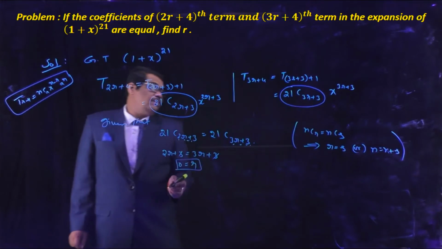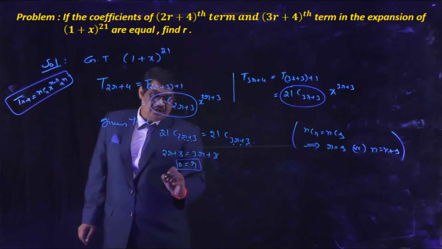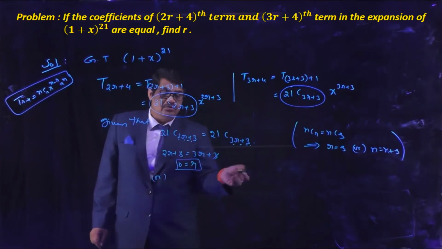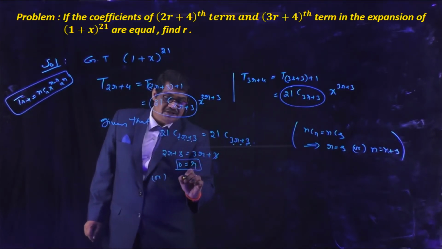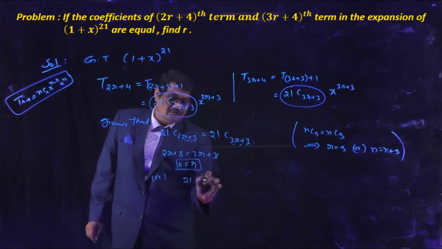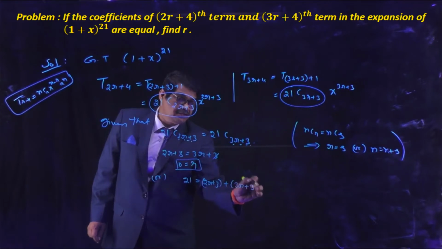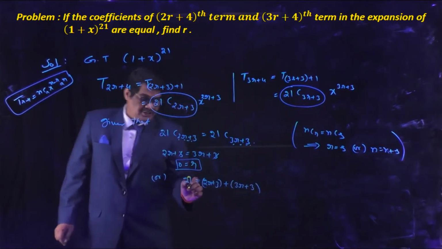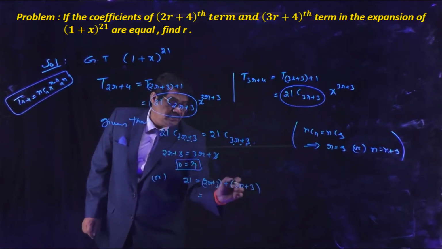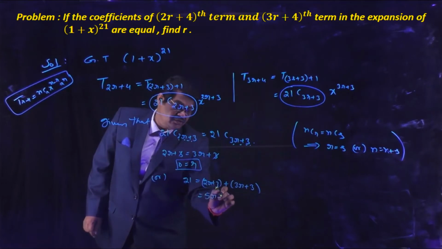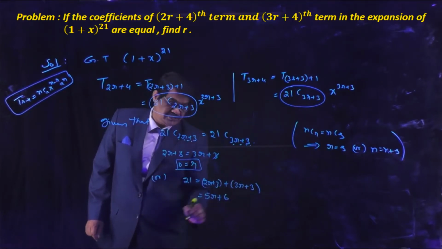And what is the other formula? n is equal to r plus s. Here 21 is equal to (2r+3) plus (3r+3). Okay. Now that is 2r plus 3r, that is 5r, and 3 plus 3 is 6.